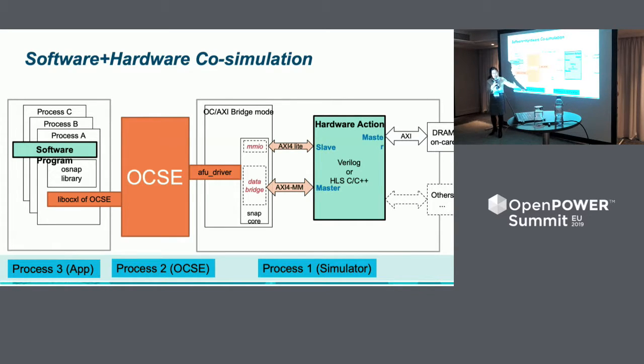The second process is to start OC-Accel. On this side it has a Verilog to C DPI, and on the other side it connects to the software process through a socket.